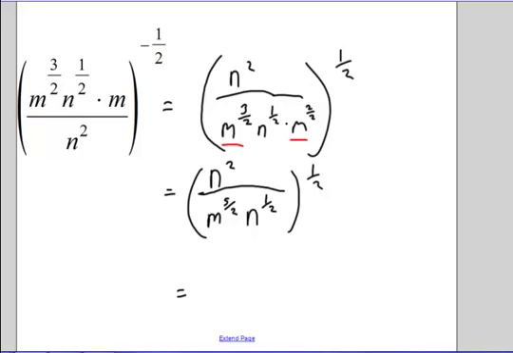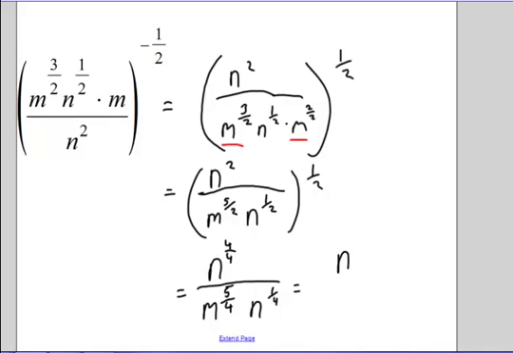Now let's distribute this. So n squared times 1/2, that gives me n to the 1st. M to the 5/2 times 1/2 gives me m to the 5/4. N to the 1/2 times 1/2 gives me n to the 1/4. And we're almost done here, except now we have n and an n. Well, this is n to the 4 over 4. And remember, if we have like bases, we can subtract the exponents.